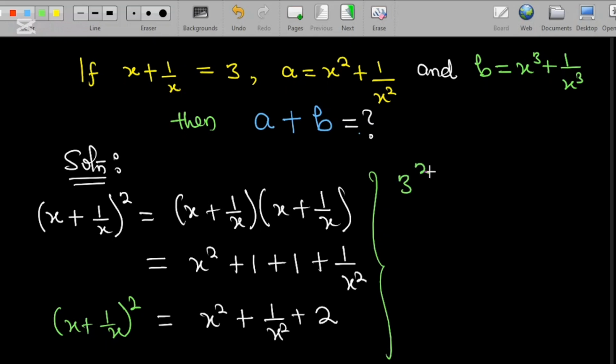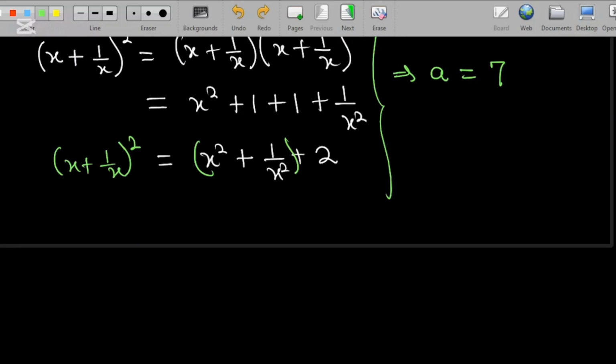So that means 3 squared is going to be equal to, this one now is my A, and that is now plus 2. So that means my A is equal to, if I take these 2 to this side, 9 minus 2, which is going to give me 7.